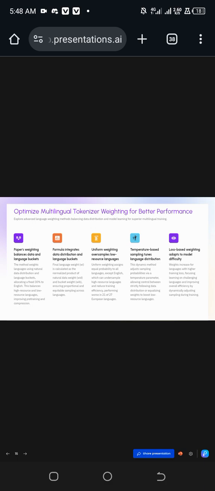It's more dynamic and more flexible to change, similar to a softmax. With temperature, you can adjust the sampling probabilities with another parameter, and depending on the tokens that are coming in, it can be tuned to that.